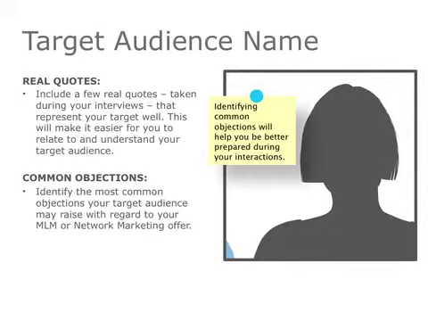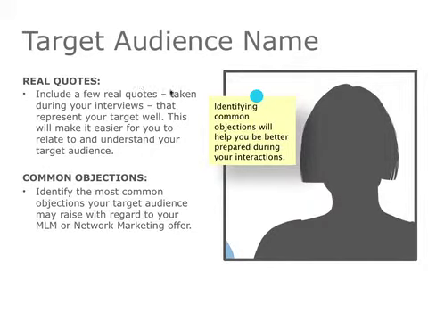Okay, moving on. Now we're going to look at more specific things, things that this person that we're identifying here as your target audience, things that are very specific to them, okay? And these are things that maybe you've heard before from other people, and so on. So we're looking at real quotes, and we're looking at common objections, okay?